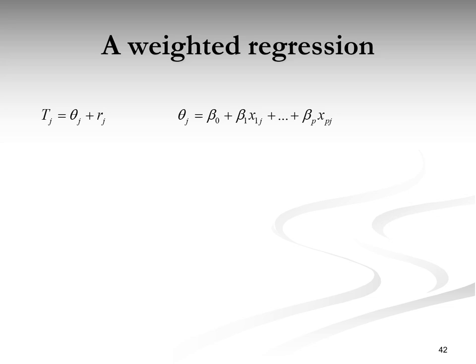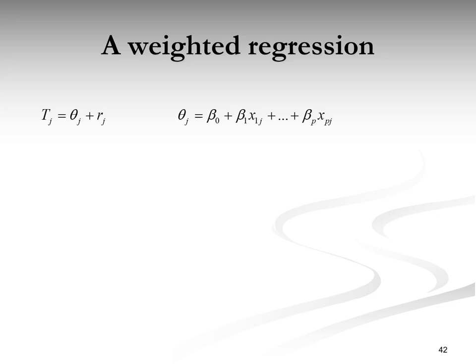Another approach to take into account differences between studies is by using not a weighted analysis of variance, but a weighted regression analysis. So the idea now is that the observed effect size in study j is equal to the population effect size in study j plus a residual due to sampling variance, but the population effect sizes of the studies now are described using a regression equation.